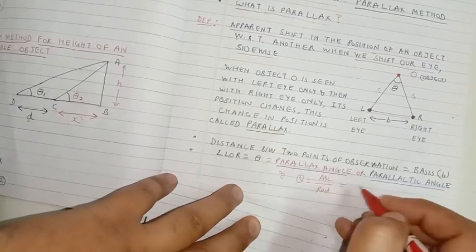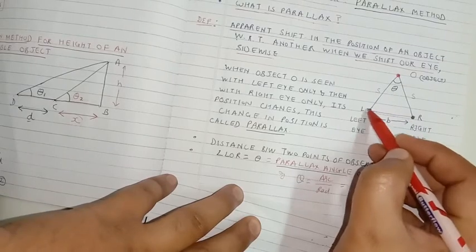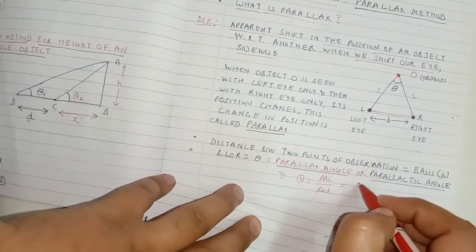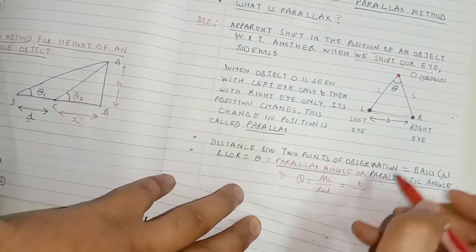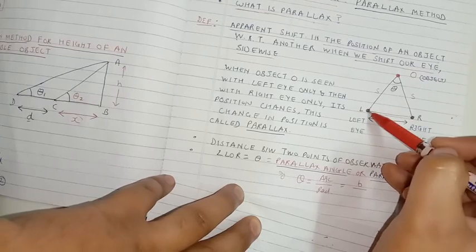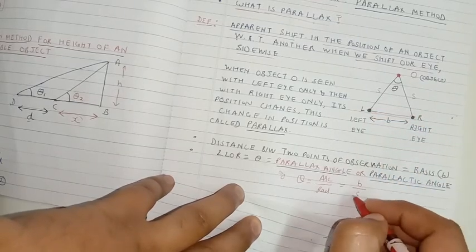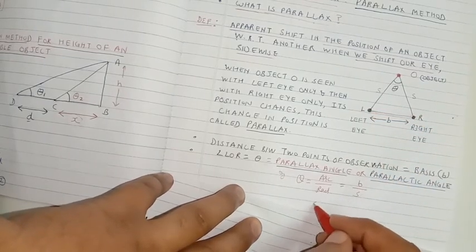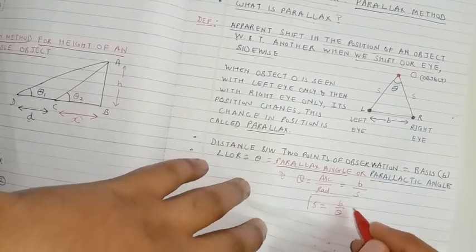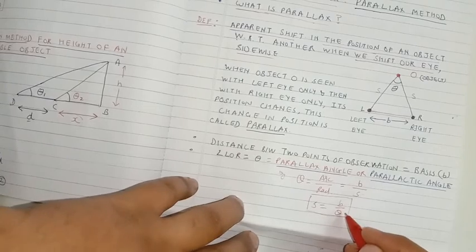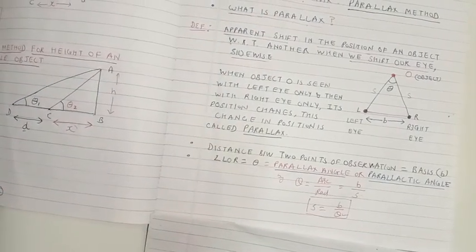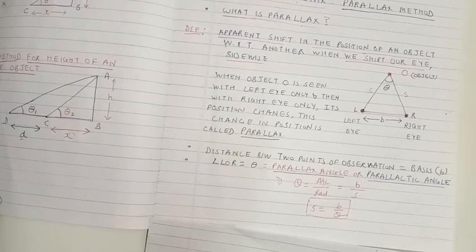In this case, the length of arc is nothing but the distance between the two points of measurement, which is equal to B, divided by the radius of the arc, which is the distance between the object and the points of measurement, that is equal to S. So in this case, if you want to measure S, S will be equal to B by theta. So we have seen that if we are able to measure this parallax angle with great accuracy, then we will be able to measure the distance also.